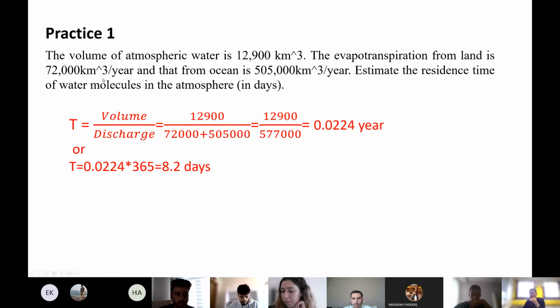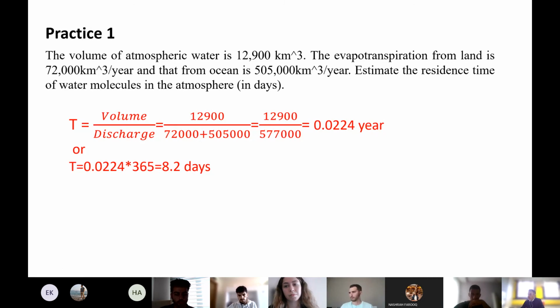You see that we have evaporation from oceans and also evaporation from land. If you gather them, it is the entire output, and the volume of water in the atmosphere is given here.